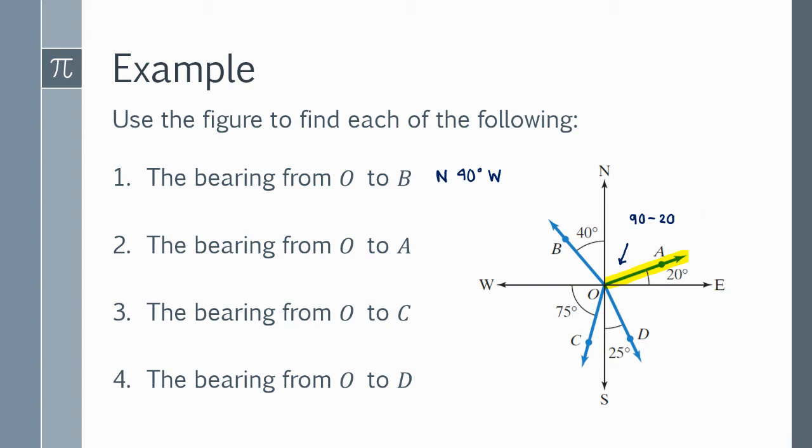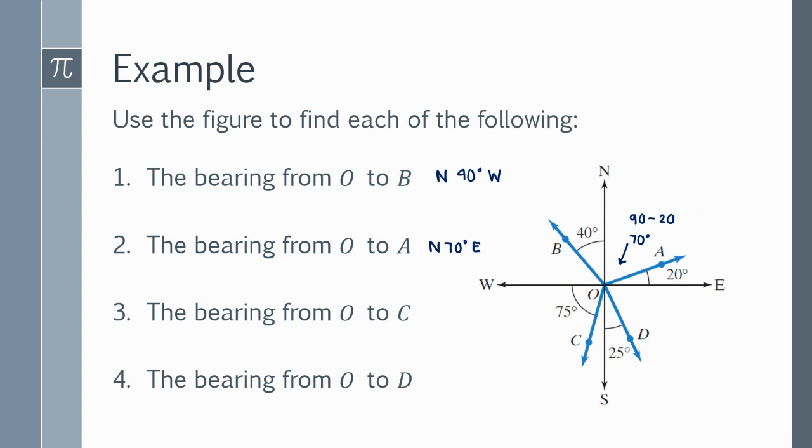I just have to subtract 20 from 90, so we are really dealing with a 70-degree angle there. So notice that the ray is in the first quadrant, so that means we are going north, but it's really 70 degrees. Because we're moving to the right, we are talking about going east. So north 70 degrees east is our bearing.